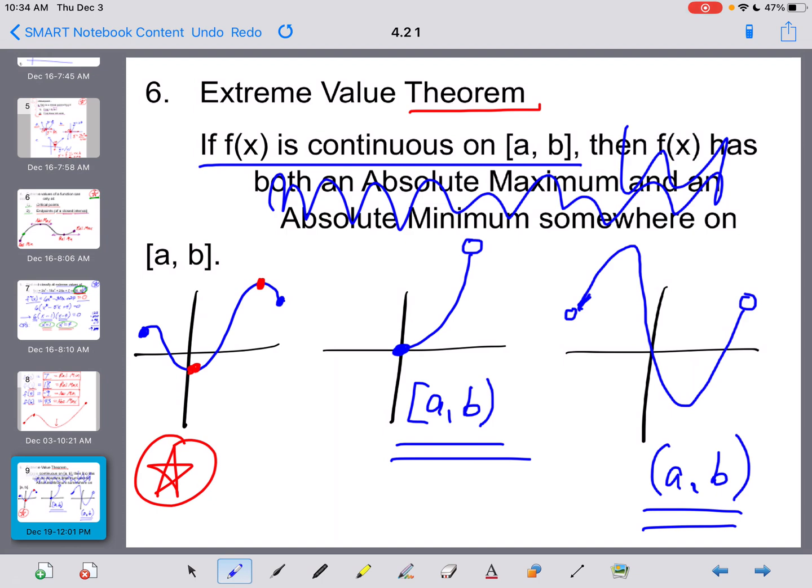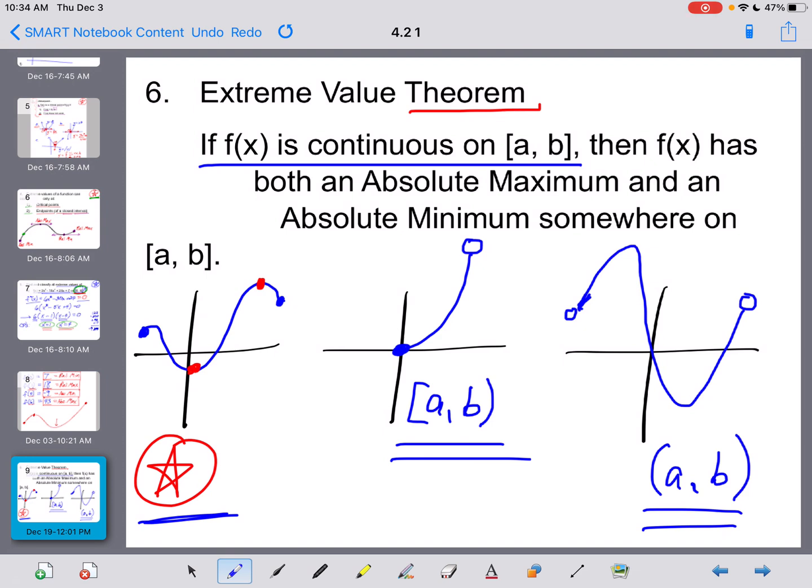But you guys need to be careful not to make this false reasoning jump right here. It's tempting to say that, okay, if the theorem is right, as was illustrated right here, if it is continuous on the interval from a to b, then it has both an absolute max and an absolute min. It's very tempting then to say that the inverse would be true.